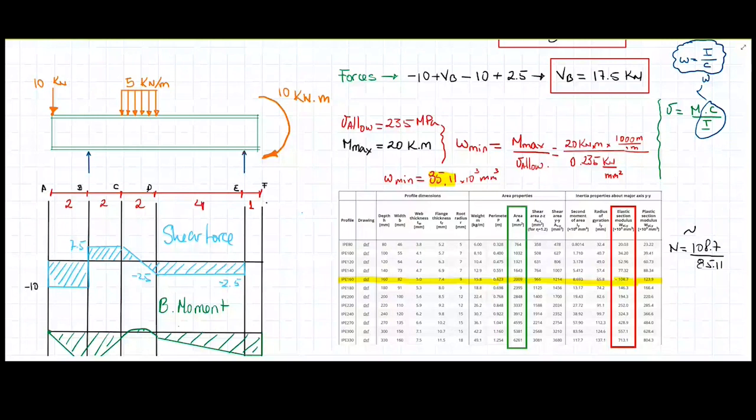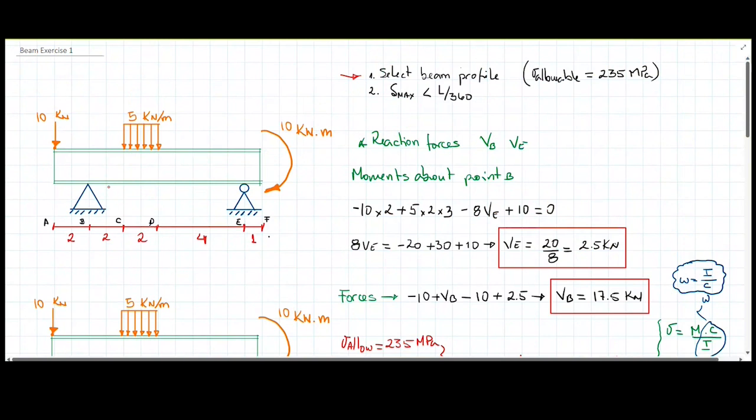So we have 3 segments of interest where to find the deformation and get to know where the deformation is going to be maximum, and where the deformation is maximum, that value we're going to compare to our constraint or restriction that the deformation should be smaller than this value here, which is L divided by 360.